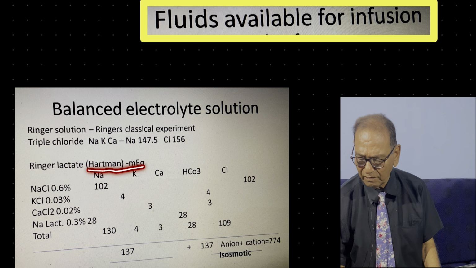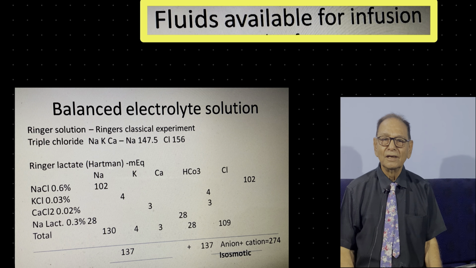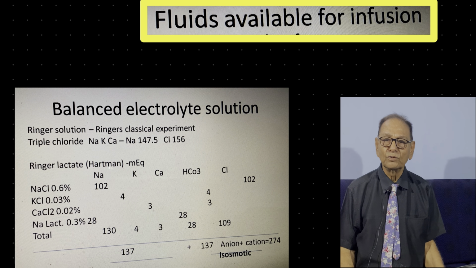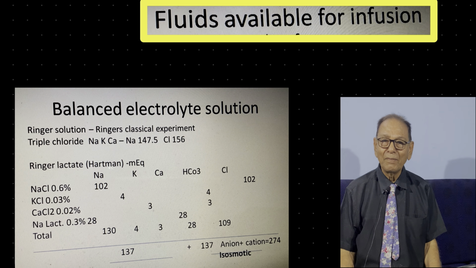Most commonly, you will find that a balanced electrolyte solution is infused. This balanced electrolyte solution is Hartmann's solution, very commonly available in our wards. Why do you call it a balanced electrolyte solution? Because it contains lactate, sodium, chloride, potassium, and calcium, not only like saline solution where there is only sodium and chloride.